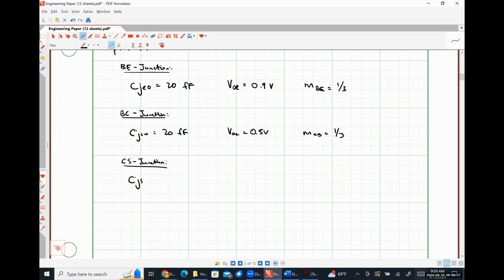We have CJS naught is once again 20 femtofarads. Our built-in voltage, excuse me, this should be V naught S, 0.4 volts. And our grading coefficient is 1/3. And the last piece of information that we need, and this is common to everything, is that tau F is 20 picoseconds.